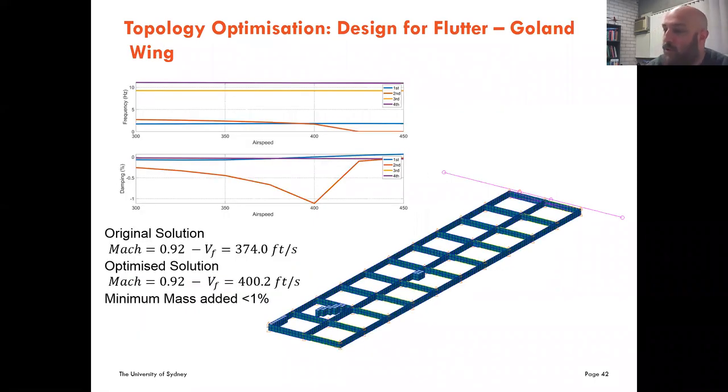But we've also done it on a large-scale structure, which hopefully will be tested at the Langley tunnel whenever it goes back up and running, where we wanted to add the minimum amount of mass while maintaining all the fluid properties that would dictate where flutter speed would actually occur.